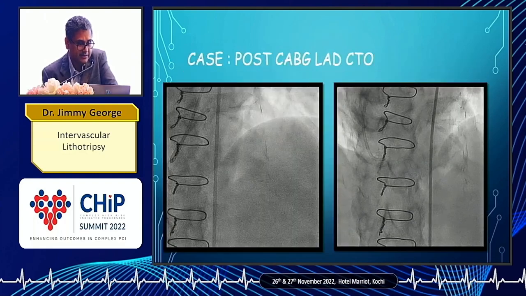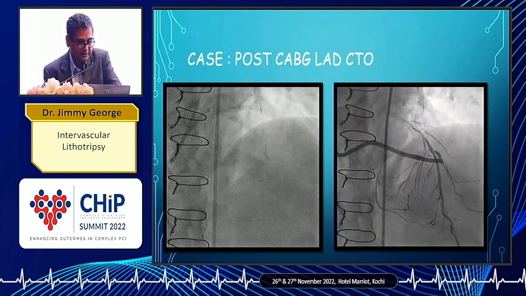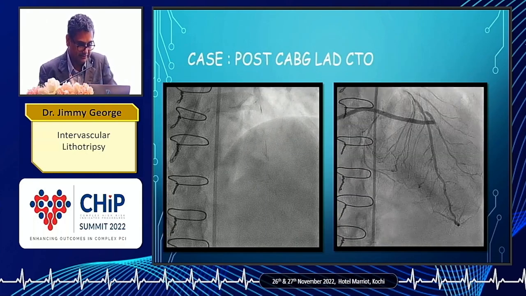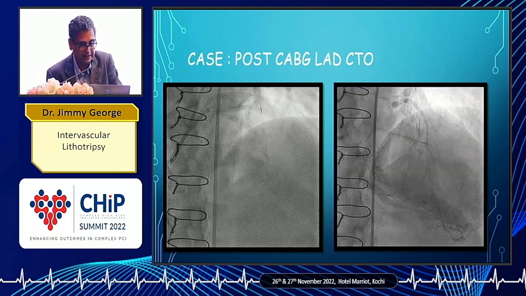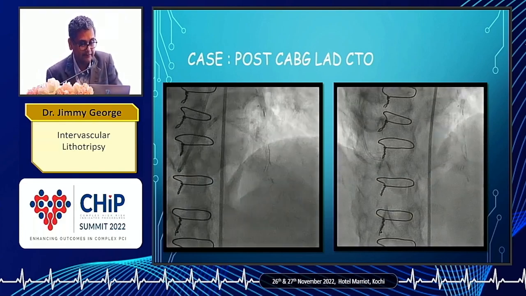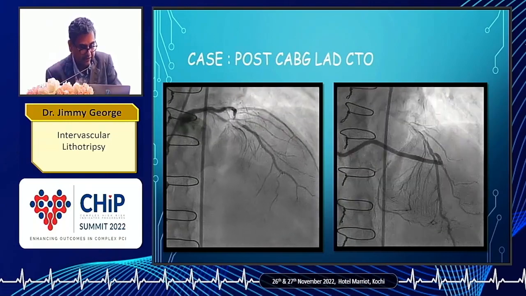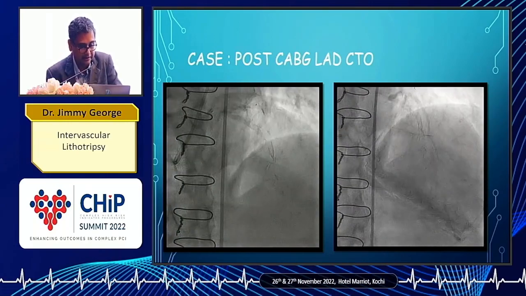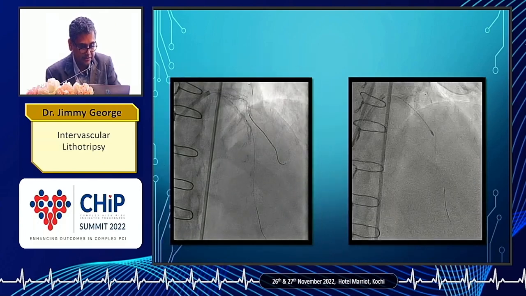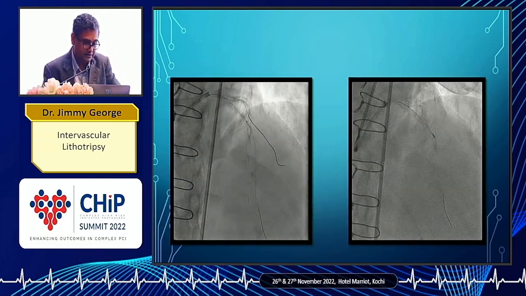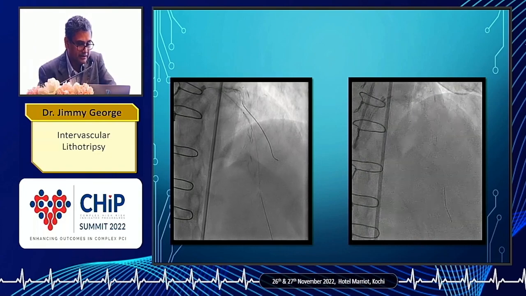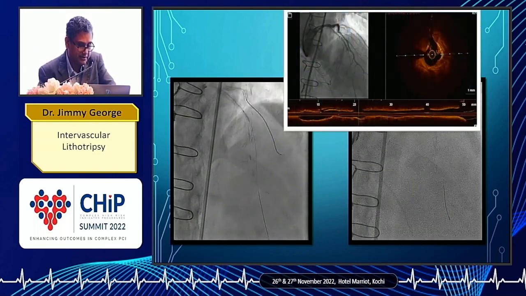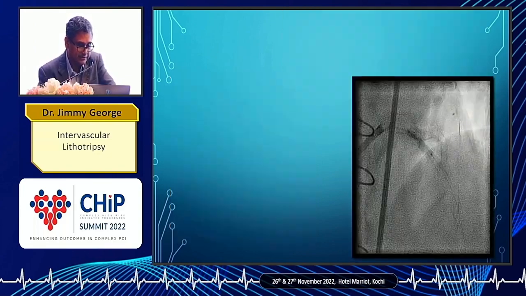So I'll just go with the case over here. This was a post-CABG patient who had a calcified proximal LAD occlusion, where the LIMA was occluded and the SVG to the diagonal was giving the distal LAD flow. The patient was symptomatic, balloons hardly crossed, a rotablation was done, and you can see the lumen after the rotablation.